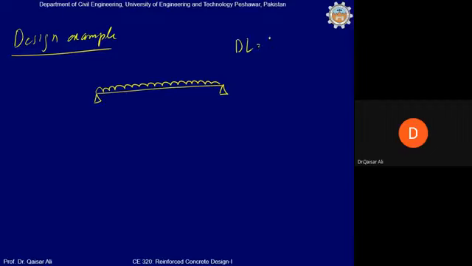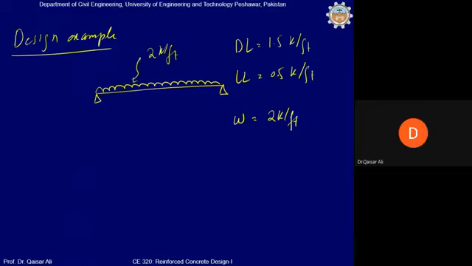The dead load on beam is 1.5 kip per foot, and the live load acting on the beam is 0.5 kip per foot. So the total load acting on the beam is equal to 2 kip per foot. The length of the beam is, for example, 20 feet. And we assume that this dead load also includes its self weight.